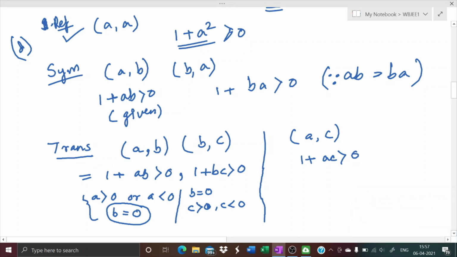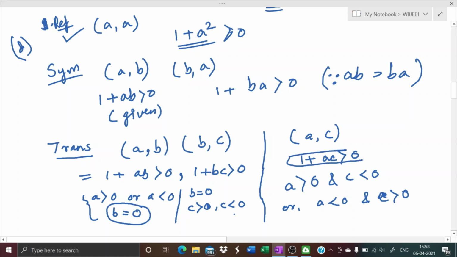From the next one, I can have B 0 and C positive, or B 0 and C negative. Now suppose from these two, I have A positive and C negative, or A negative and C positive. That means I have opposite signs for A and C. Then this equation will not be satisfied.